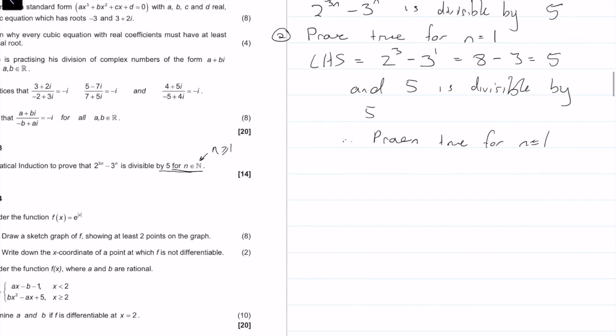Now the third step is to assume true. So assume that the statement is true for n equals k. What we have is 2 to the power of 3k minus 3 to the power of k is equal to, so for something to be divisible by 5, it basically means that it can be factorized by 5.